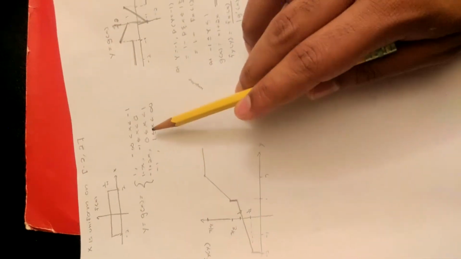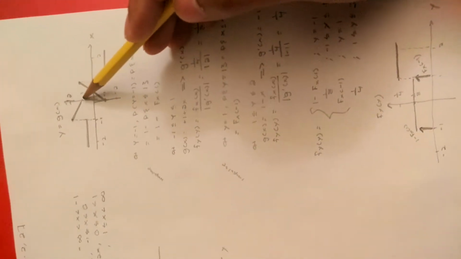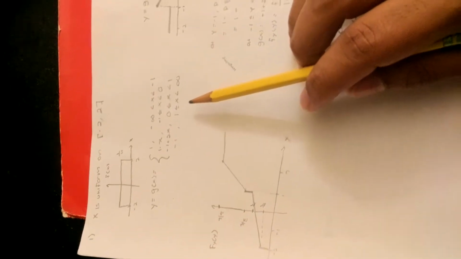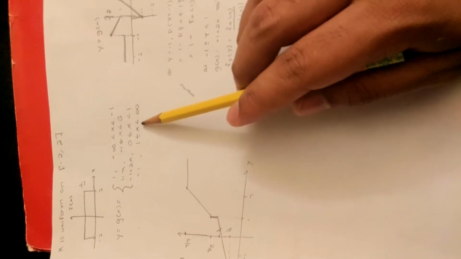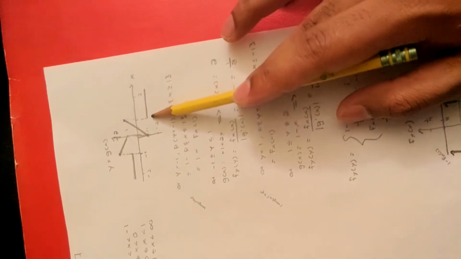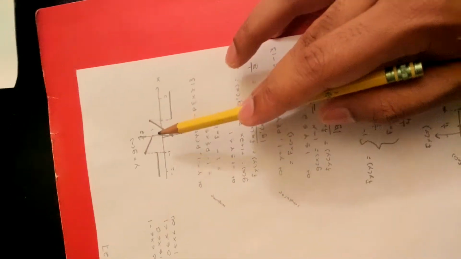From the interval 0 less than or equal to x less than 1, we're going to have -1 plus 2x. So there's going to be a little bit of jump from 1 to -1, and that's going to continue up there with the slope of 2. And then again, from the interval 1 less than or equal to x less than infinity, we're going to have -1. So again, from 1 continuing, we're going to have that equal to -1, and that's going to sustain. So that's our sketch of y equals g of x.